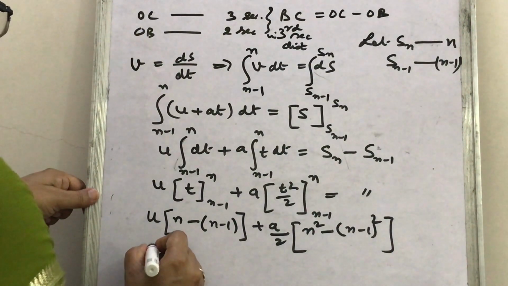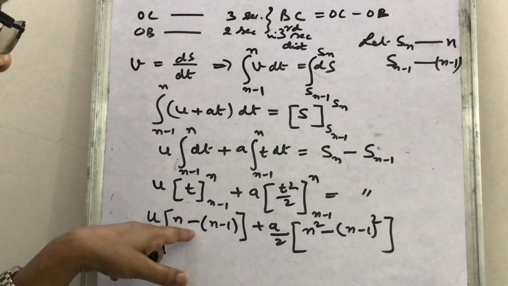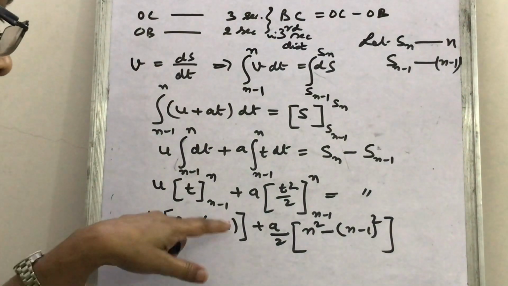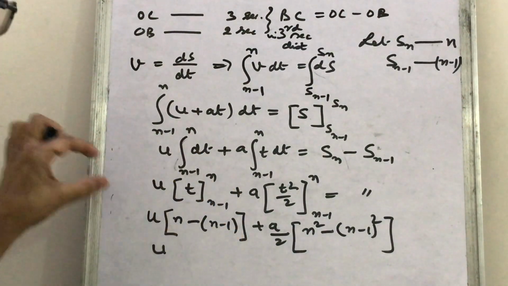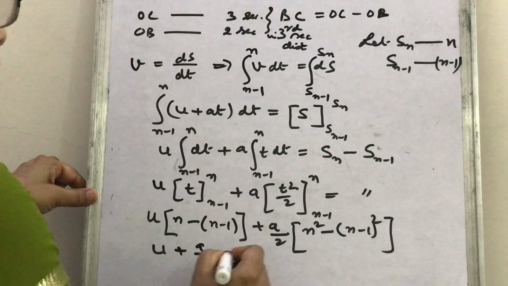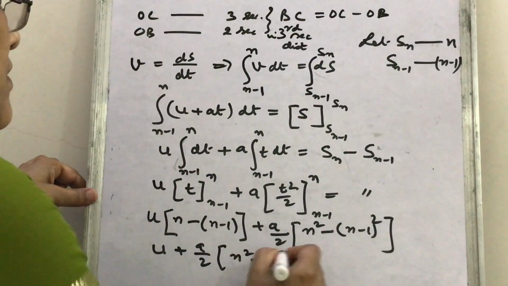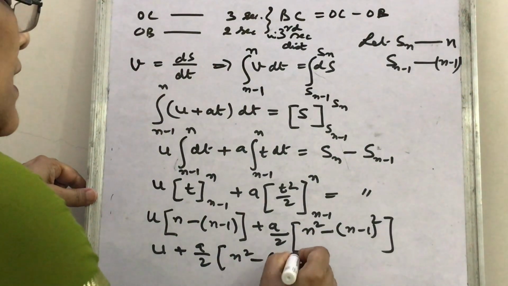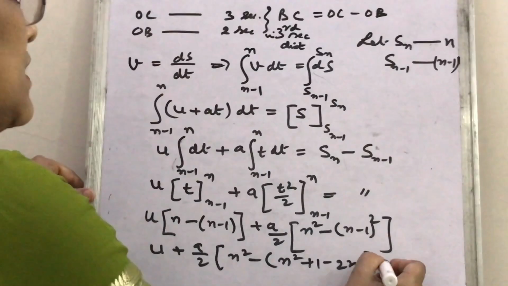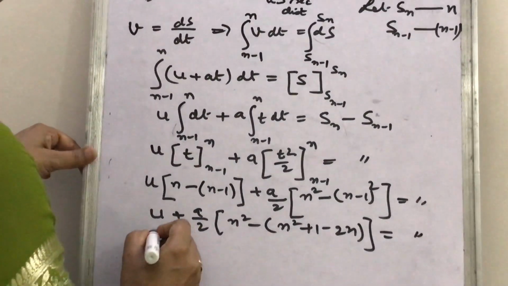Finally, you will get u times n minus 1, n minus n will be cancelled, and this minus minus will become plus. So this will be u, the whole bracket will give you u plus a by 2, and here n square minus, you will write within bracket n square plus 1 minus 2n. What is left here is Sn minus Sn minus 1, that is the distance.